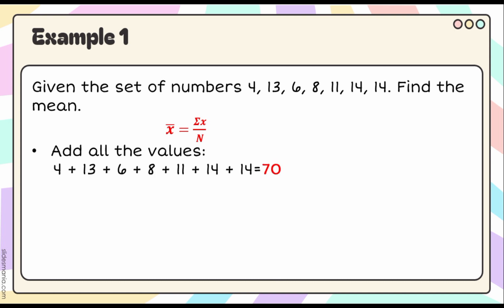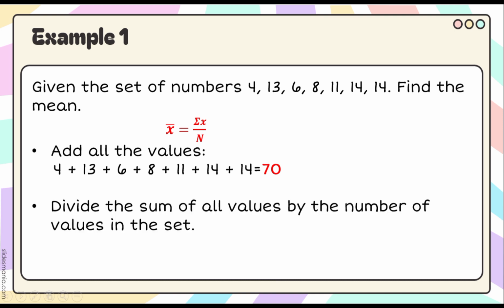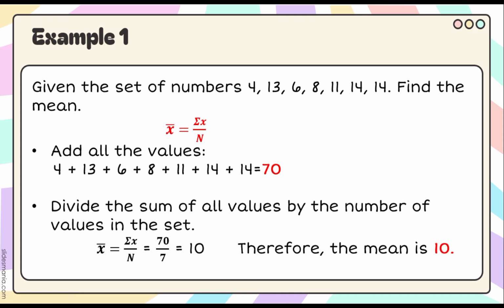So 4 plus 13 plus 6 plus 8 plus 11 plus 14 plus 14. When we add all these numbers, it will result in 70. Next step is to divide the sum of all values by the number of values in the set. So the summation of x is 70, divided by n.